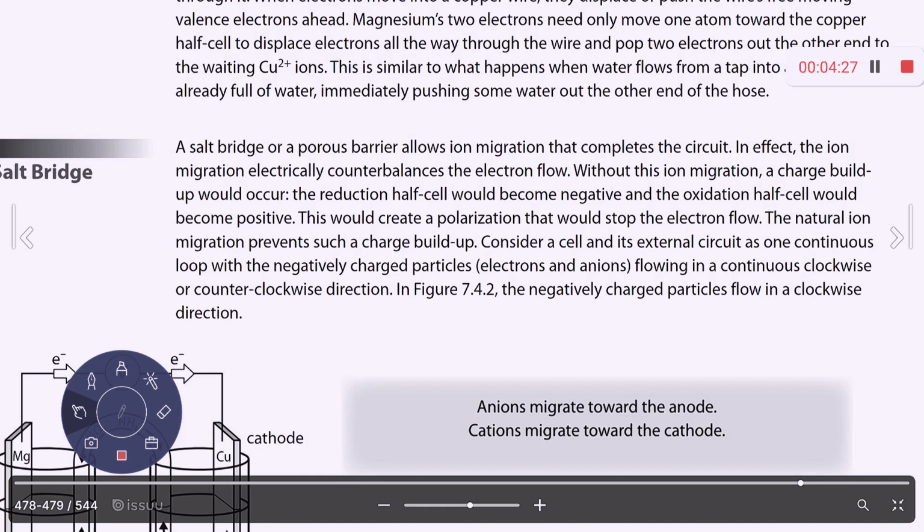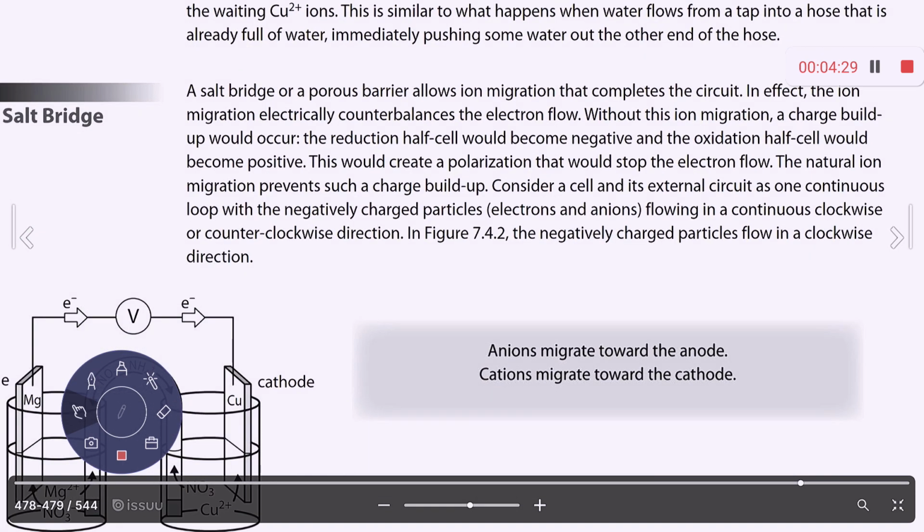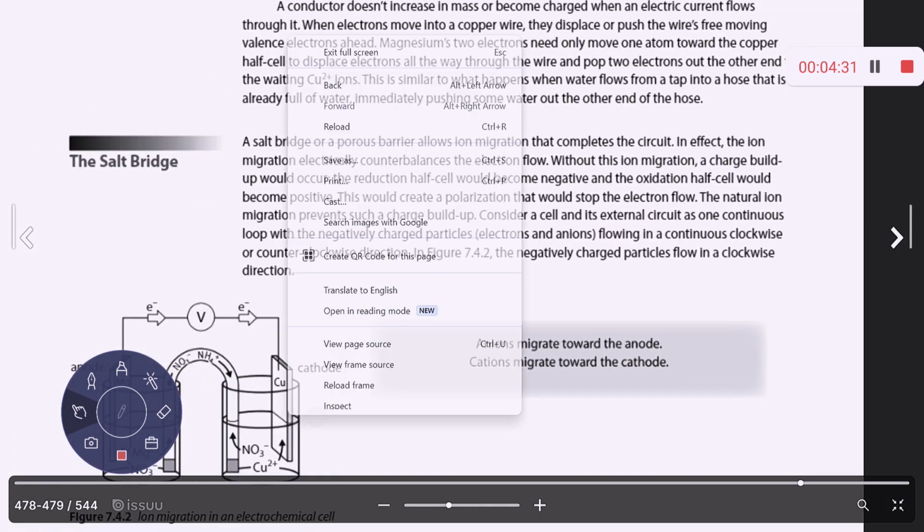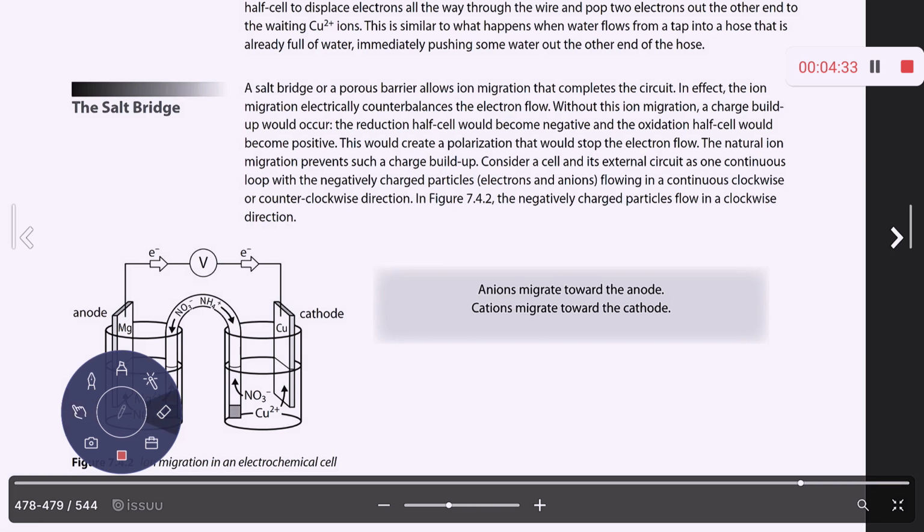Let's come down here. If you didn't have a salt bridge, you couldn't maintain charge. So here it says that a salt bridge allows ions to migrate to complete the circuit.